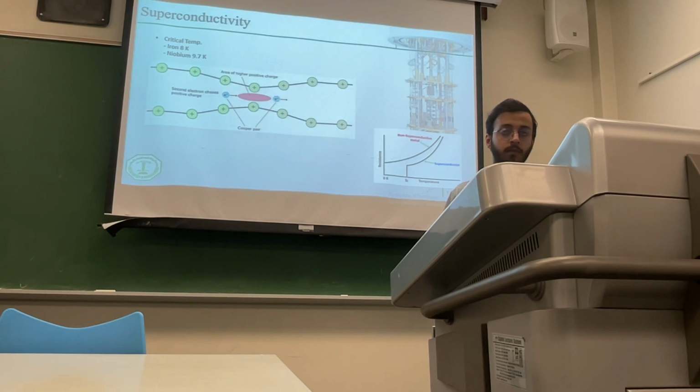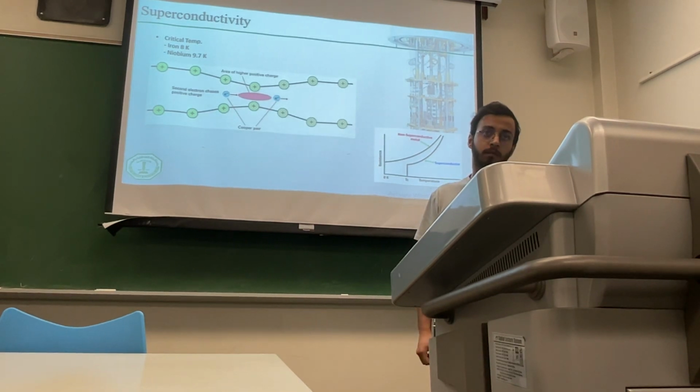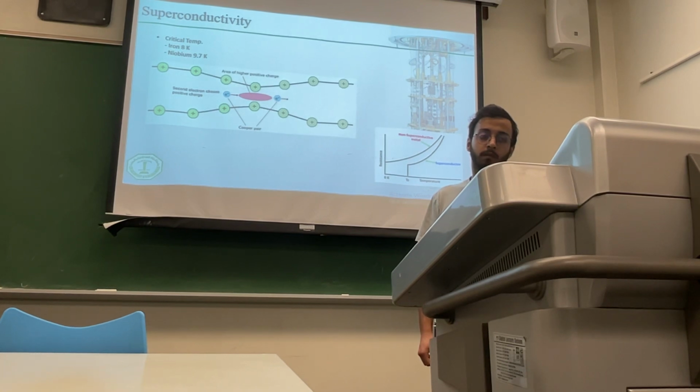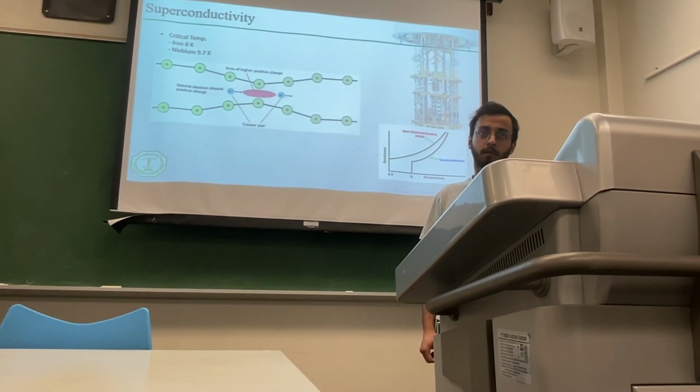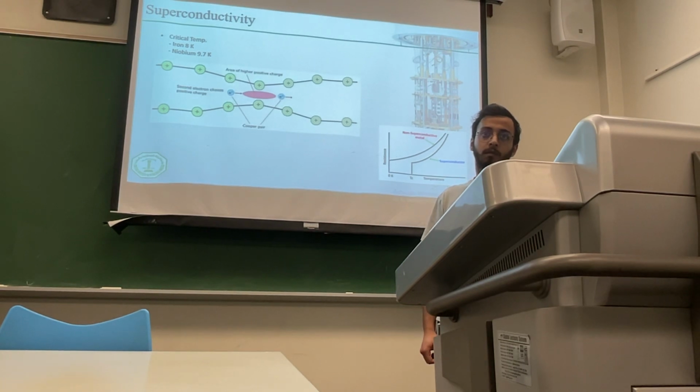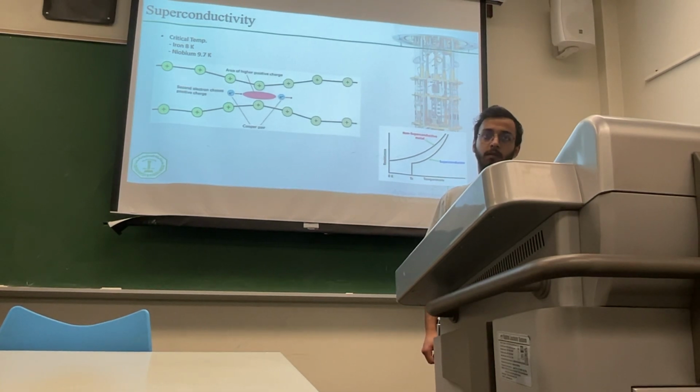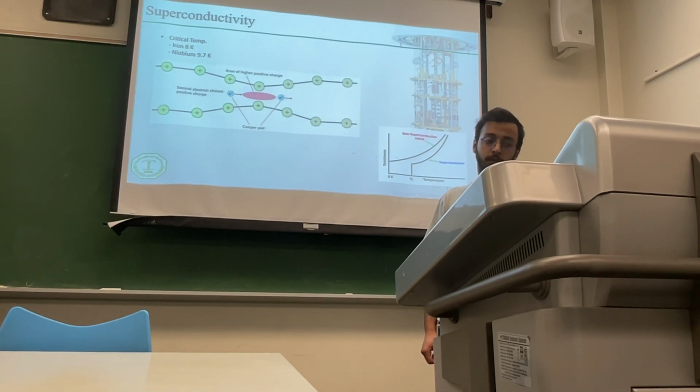They are correlated by the interaction. They behave like what you call bosons. So in that case, they are bosonic compound particles. They are not electron compound particles, and they can go immediately to the ground state. That's exactly what happens at the transition to the superconducting state, which is called the critical temperature.